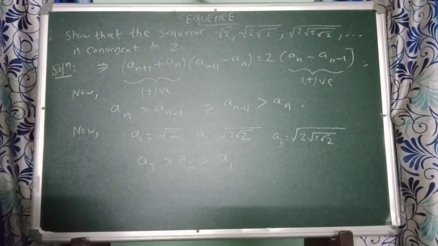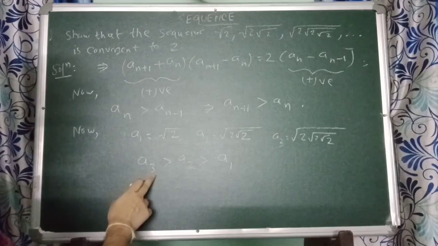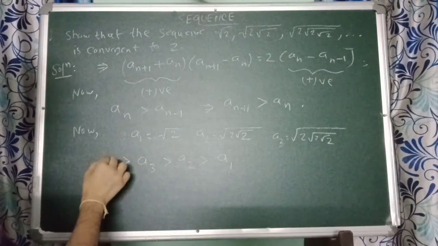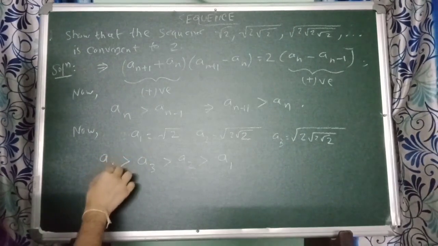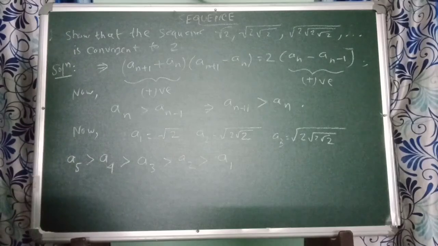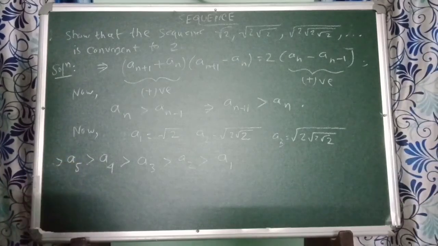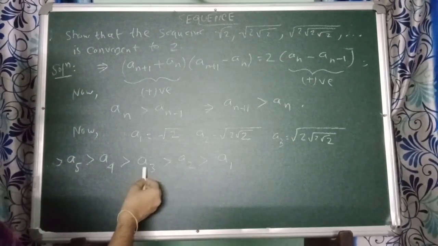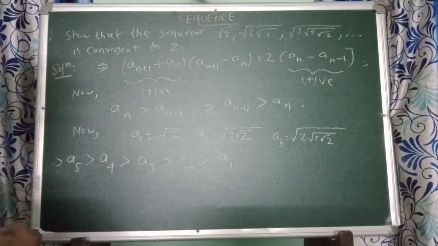So if we see the pattern, we can also write this kind of expression, and so on. That is, a1 is less than a2, a2 is less than a3, a3 is less than a4, and so on.